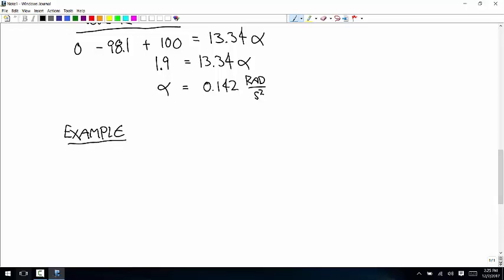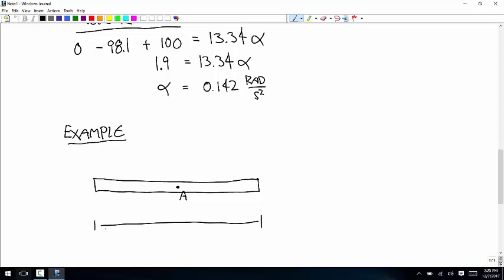Okay, so this one, let's think of this as like a seesaw. Let's say the axis is right in the middle. The length of the whole thing is 5 meters.